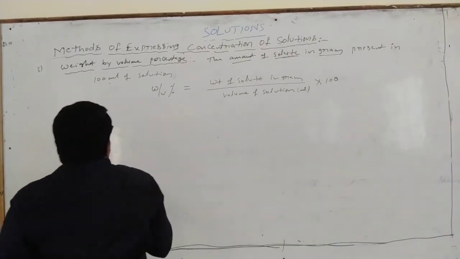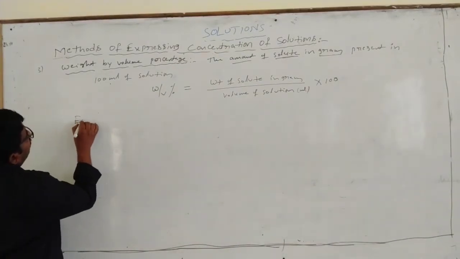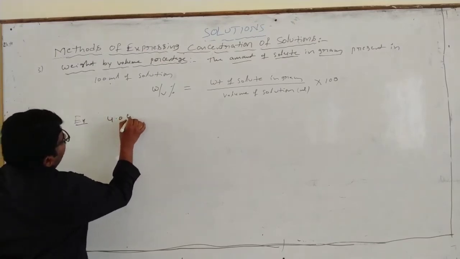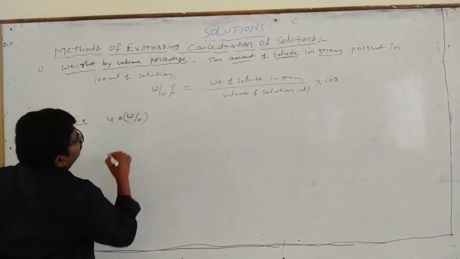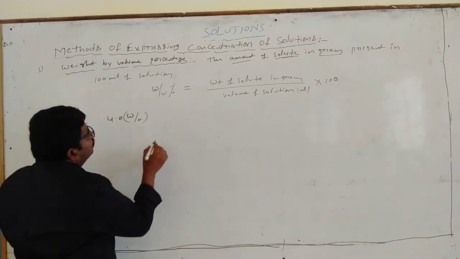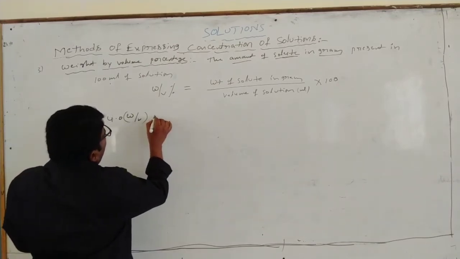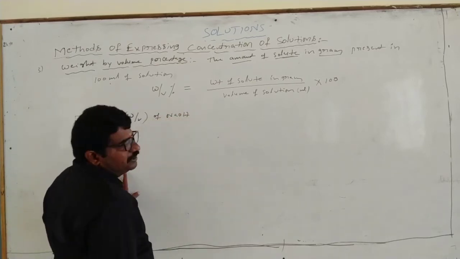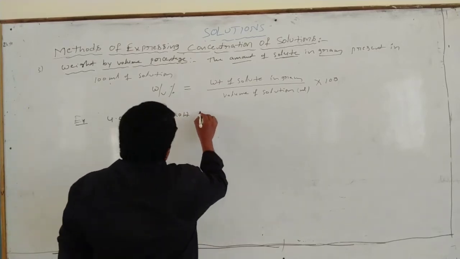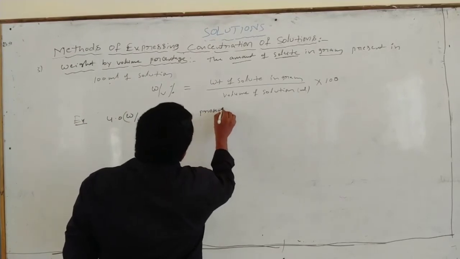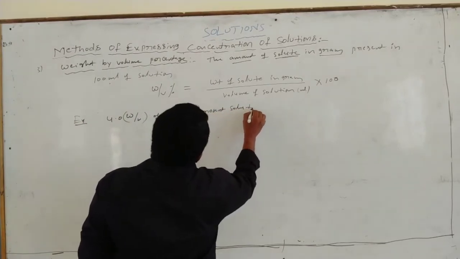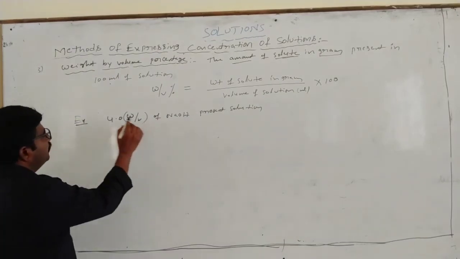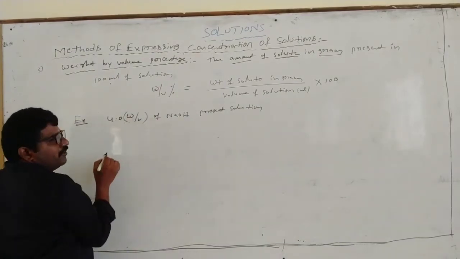For example, if you see 4.0 weight by volume percentage of NaOH present in solution, what does it mean?